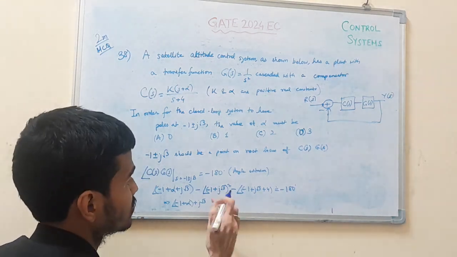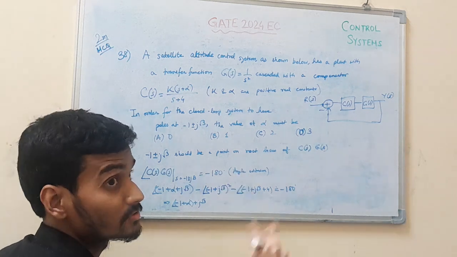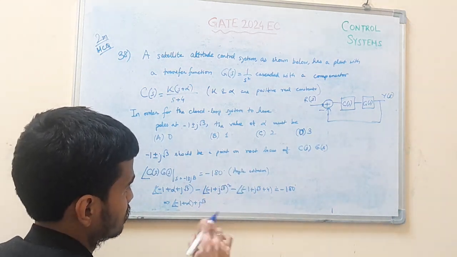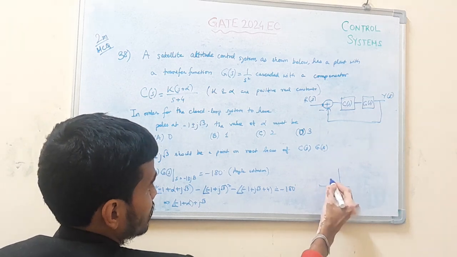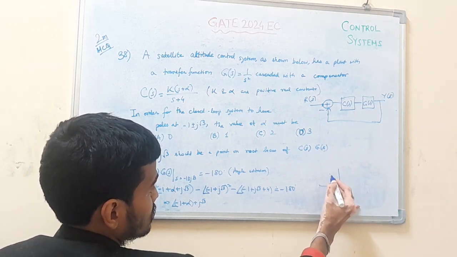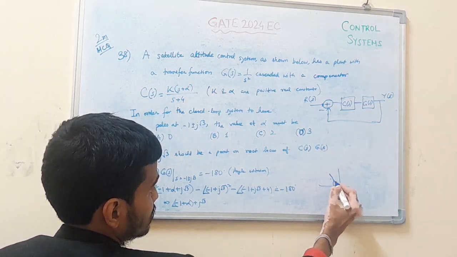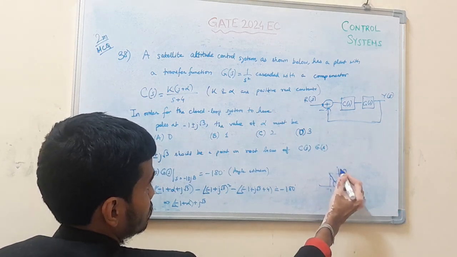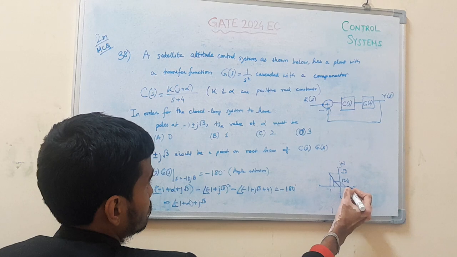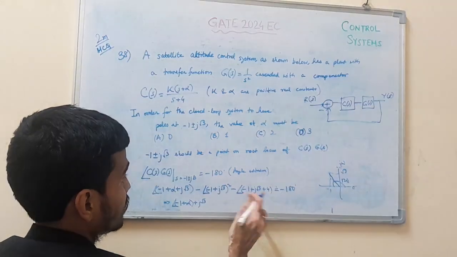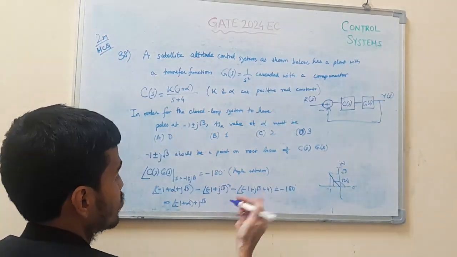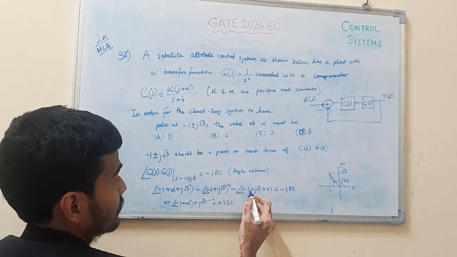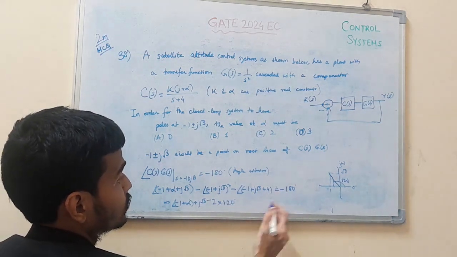Tan inverse of √3 is 60 degrees, but the point -1 + j√3 is in the second quadrant, so the angle is 120 degrees. Squaring it doubles the angle, so minus 2 times 120 degrees. And -1 + j√3 + 4 is 3 + j√3.